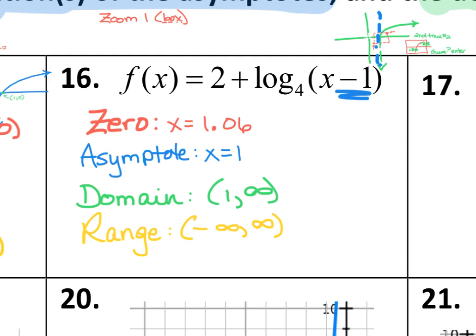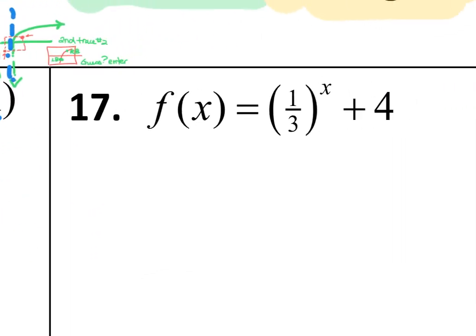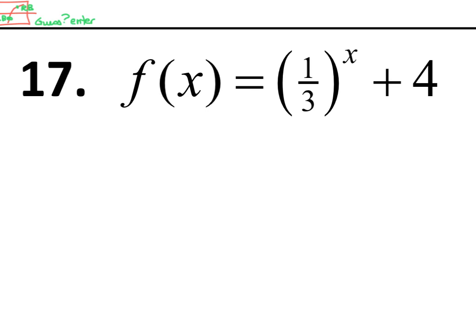Now in number 17, when I type this into the calculator, I would put parentheses around the fraction. I know that the calculator sometimes eliminates parentheses if they're not necessary, but it just helps me visualize where the exponent goes when I'm typing. So go into y equals, type parentheses, and then do alpha y equals enter to type the 1/3.